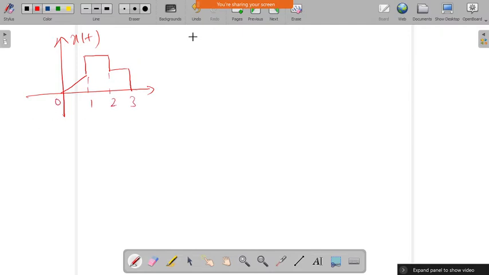Now if you have x of t into del of t, what will you get? You will get 0, because at 0 x of t is 0, and the impulse is 1 only at t equal to 0.